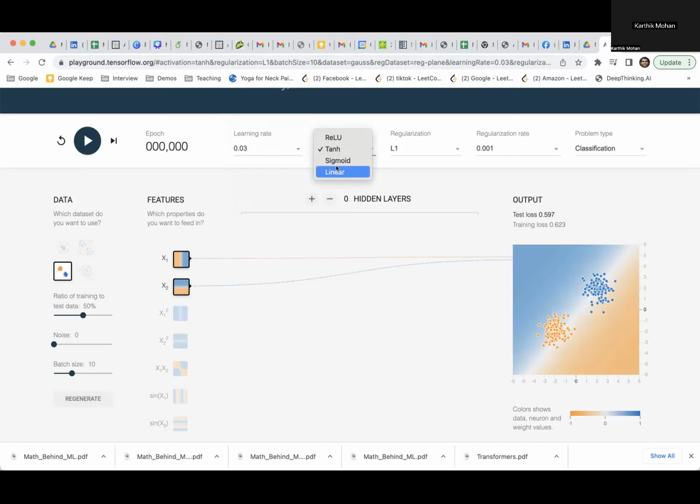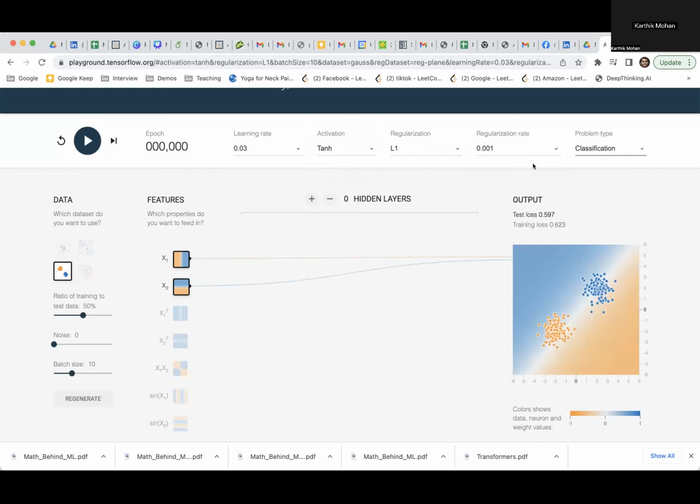Linear is rarely used, but for instance, if you have a CNN, a model for vision, and you're going from the CNN to the feed forward, that's where you might want a linear layer. So there are places where linear layers still make sense. Regularization, L1, L2, is useful when you're overfitting, and you have rates for those.